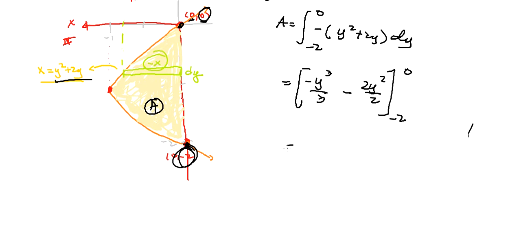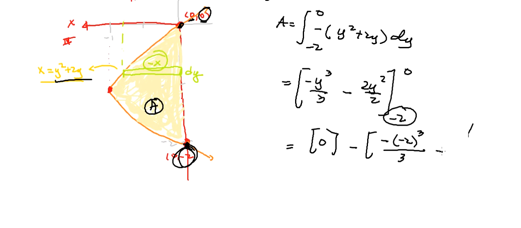Okay, so evaluating this, since if y is 0, this whole term here, 0 over 3 minus 0 over 3, is 0, minus the negative 2 cubed all over 3 minus 2 times negative 2 squared all over 2, or let's cancel this out so that we can simplify our equation.